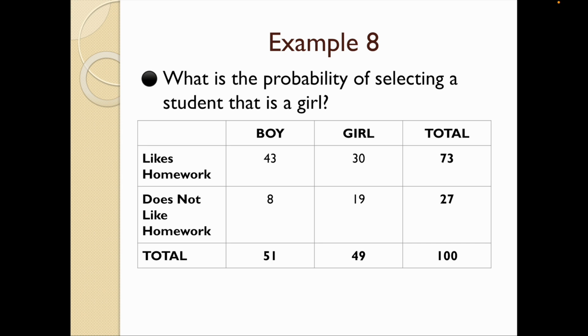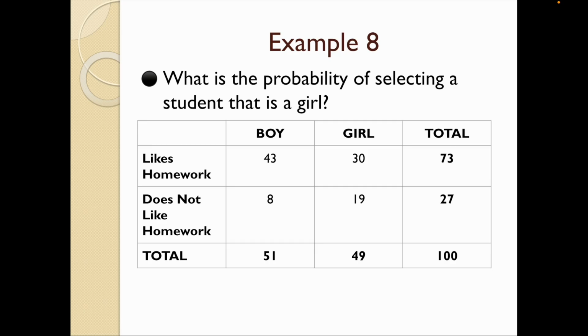Or probability of a boy being selected and does XYZ. Now, in this case, it's asking to select a student. So when we are selecting a student, we are looking at the overall total as the total possibilities.